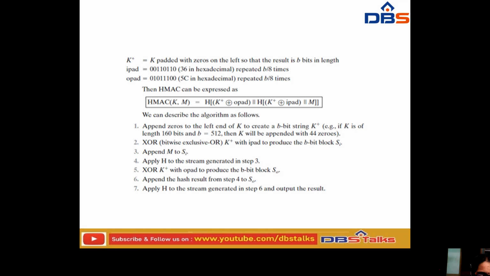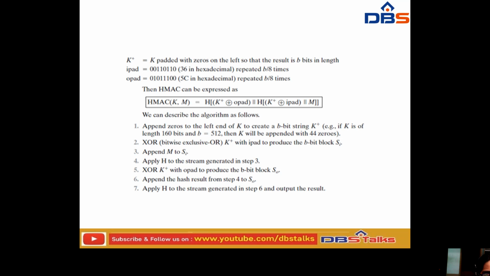Next, from this we can describe the algorithm as follows. Append zeros to the left end of K to create a bit string K plus. Example, if K is of length 160 bits and B is equal to 512, then K will be appended with 352 zeros. So XOR K plus bitwise with ipad to produce the B bit block Si.